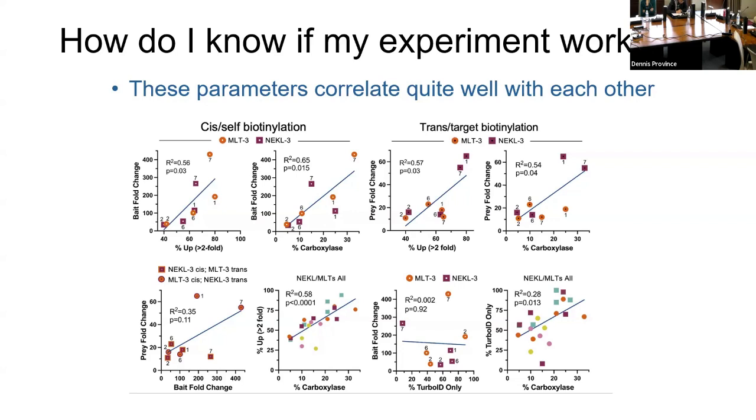Well, what if I did an experiment where NECL3 was 200-fold? You'd expect MOL3 to go up too, because that experiment works. It's really noisy. The answer is you don't. I think there probably would be a correlation if you had enough numbers, but there's enough noise in the system that even the bait and the prey don't always correlate very well. And that's the point I'm trying to make here.